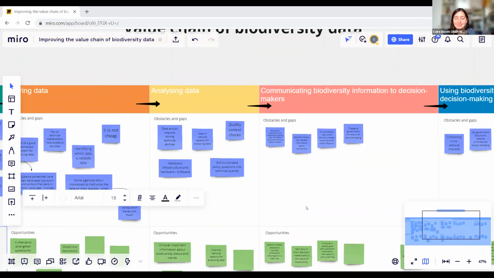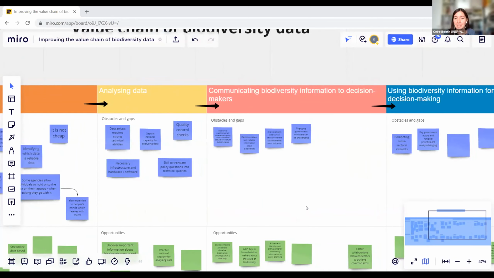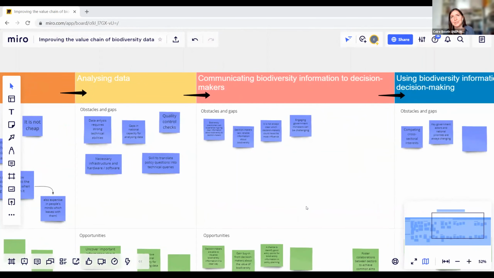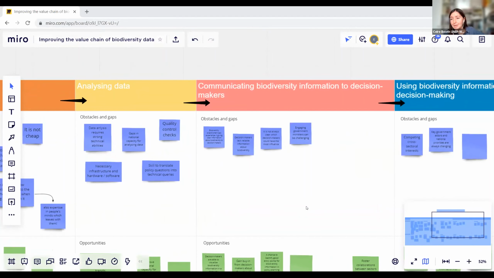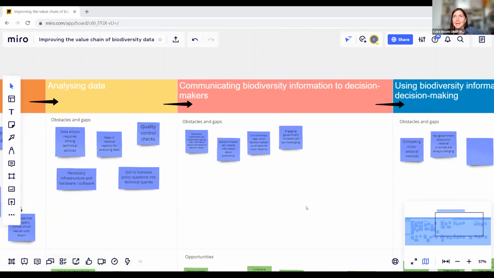All right, so zooming back out, we're going to move on to communicating biodiversity information to decision makers. And I think it's important to say that certainly none of the steps in the data value chain are easy, but when you're an expert in GIS, it's a whole different thing to be able to really gain buy-in from government decision makers.